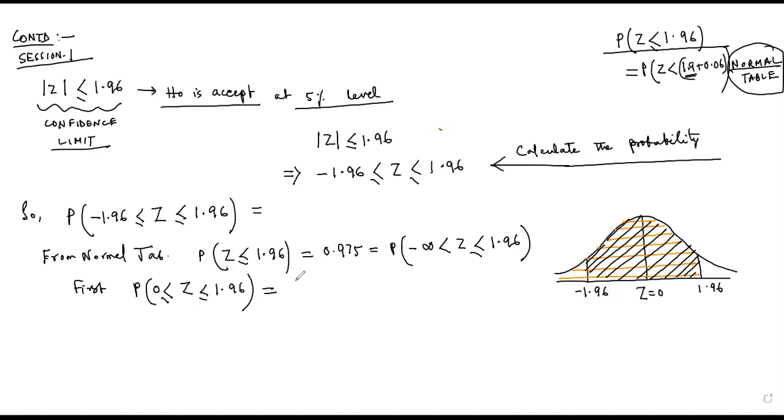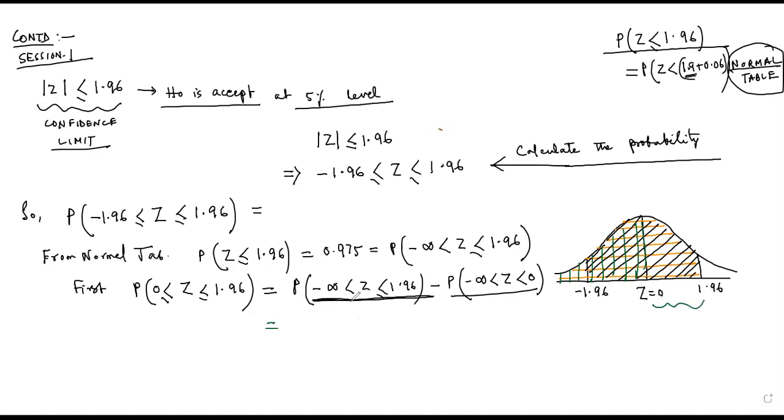This probability can be calculated by subtracting the probability that Z lies between minus infinity and 0 from this region. So from the yellow shaded region, I'm going to subtract the region which is marked by the green shade. If I can do so, then the probability of this section will come out.